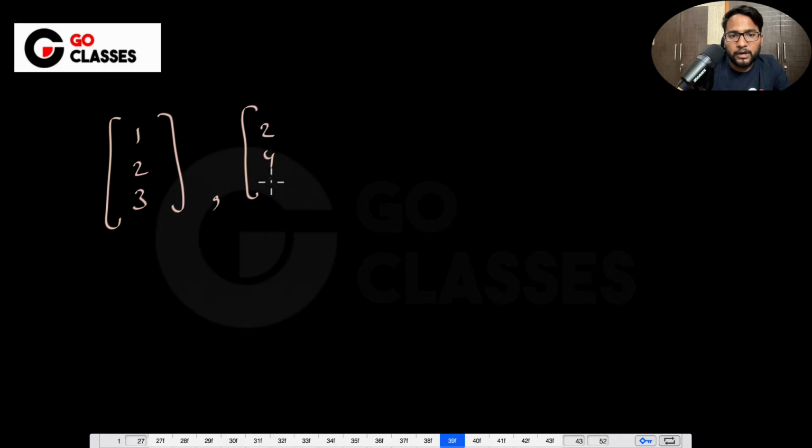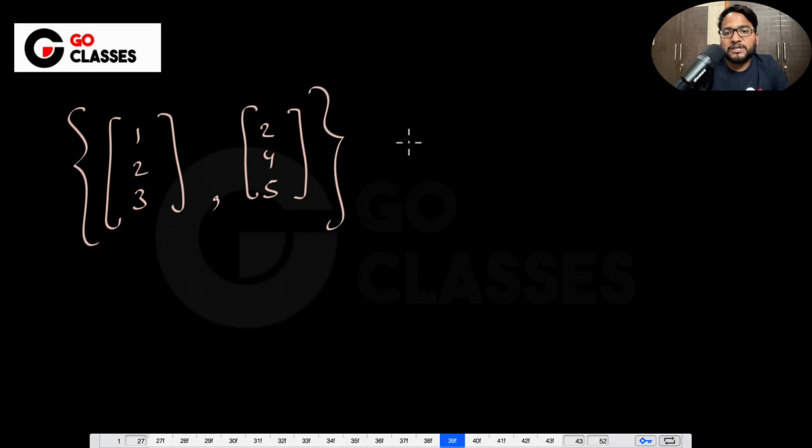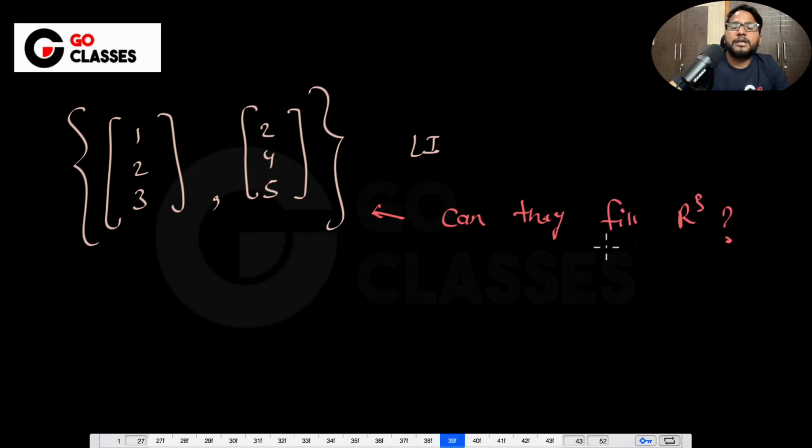Similarly, if I just give you two vectors in R3, let's suppose 1 2 3 and 2 4 5, these two are linearly independent, right? Now if I ask you, can they fill the space of R3? Your answer is no, which means there are many vectors that you cannot get out of these two.